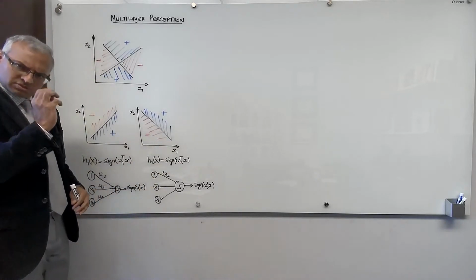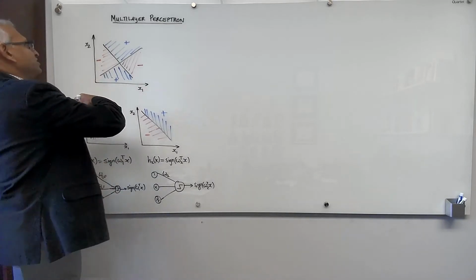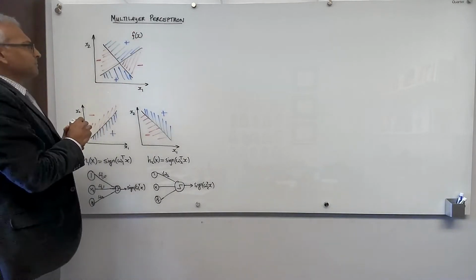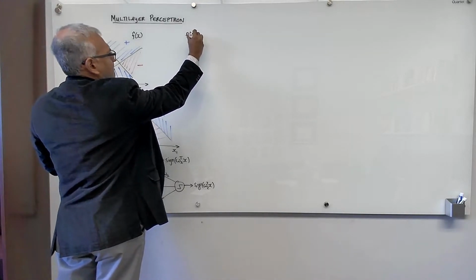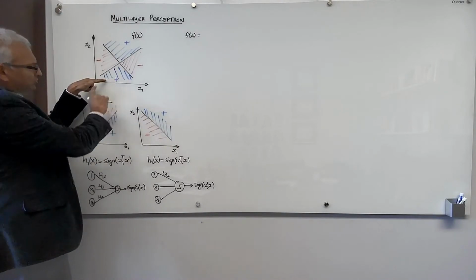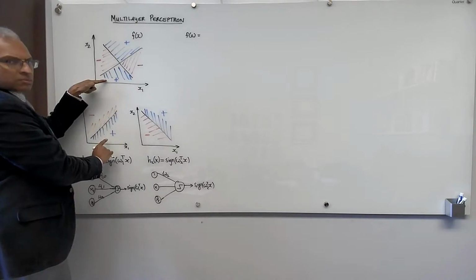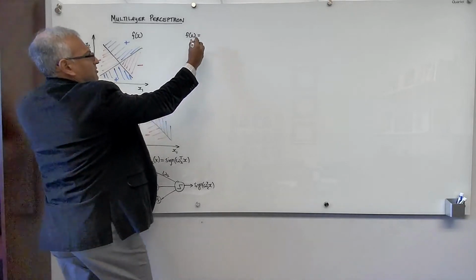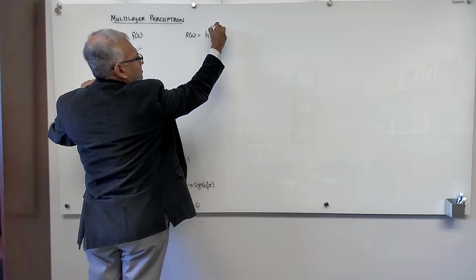Now specifically, mathematically, why this decomposition is useful is because, look, if we call this the target function, f of x, then f of x is equal to, so in this region, h1 is plus 1 and h2 is minus 1. So you could think of that as h1 is plus 1 and not h2 is plus 1. So this is h1 and not of h2.